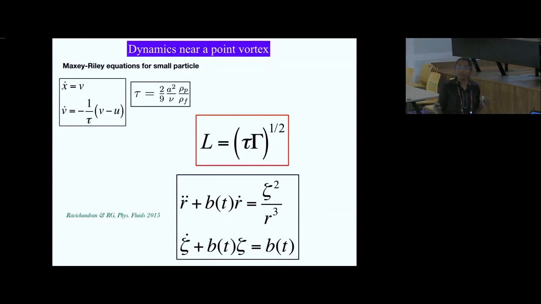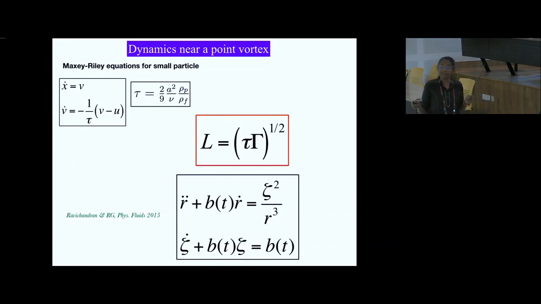In this problem, for a point vortex, we chose this length scale. This was Kruger's genius. He chose this length scale, which goes as the time scale of the particle relaxation time, which is in milliseconds for a cloud, by the way, and the vortex circulation raised to the power of half.